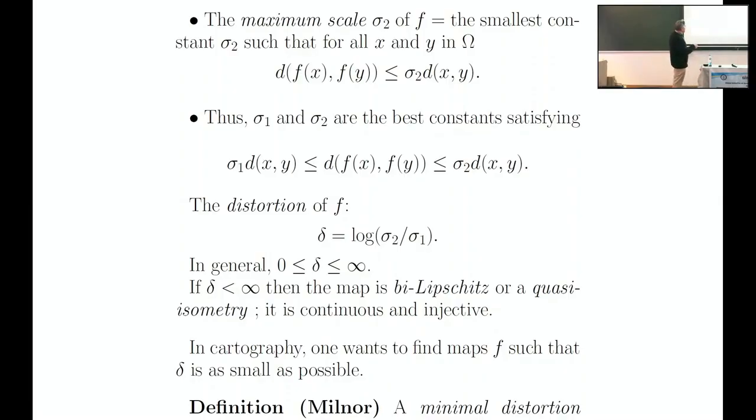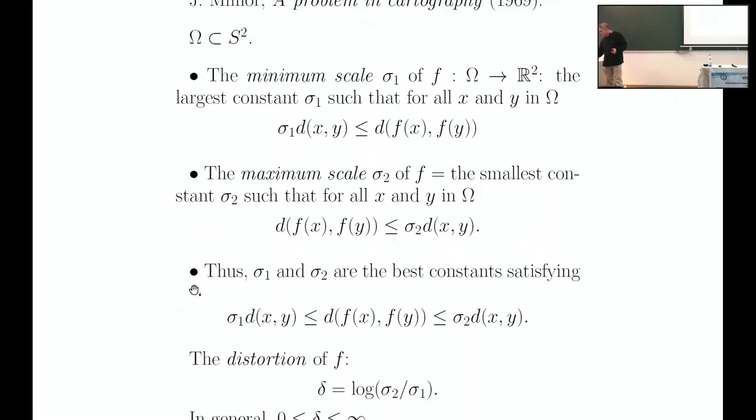This is also called bi-Lipschitz. Yes, sigma 1 and sigma 2 may vary. If this is valid for some sigma 2, then if I take another sigma 2 which is greater than this one, it will obviously be valid. Yes, so then what happens to this? Okay, you are right. In fact, I come back here.